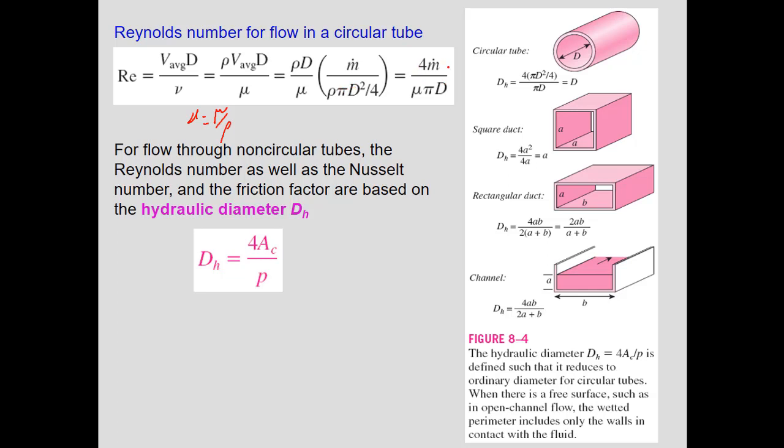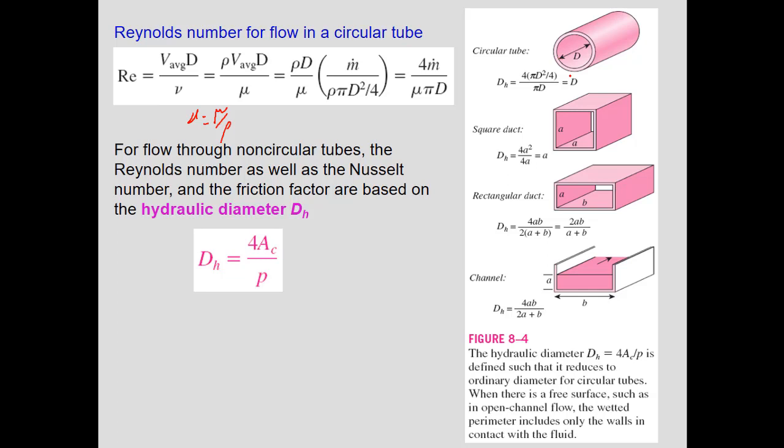Then the final equation to calculate the Reynolds number is 4 m dot, where m dot is the mass flow rate of the fluid inside the tube, by mu pi D. Mu is the dynamic viscosity of the fluid, pi is pi, and D is the diameter of the tube. So by this you can calculate the Reynolds number and say whether the flow is turbulent, laminar or transient.